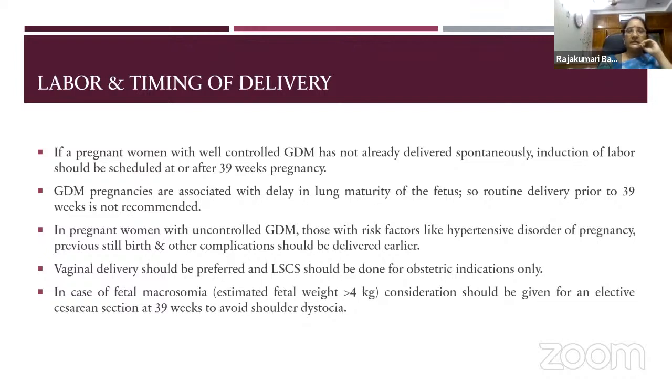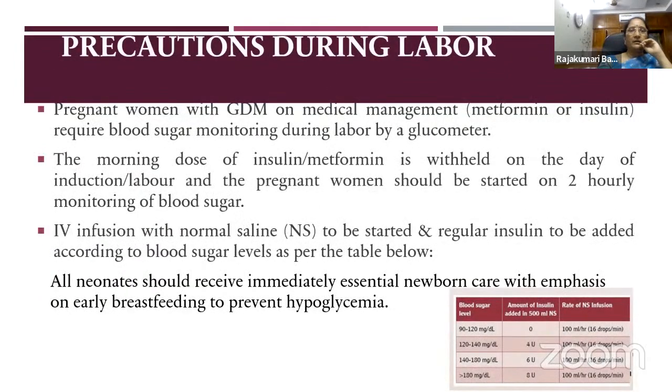Whereas in uncontrolled GDM, when there are associated risk factors like hypertensive disorders, previous stillbirths, or other complications, they should be delivered earlier. Vaginal delivery should be preferred, and LSCS is limited only to obstetric indications. When there is fetal macrosomia, an elective section can be done to avoid shoulder dystocia.